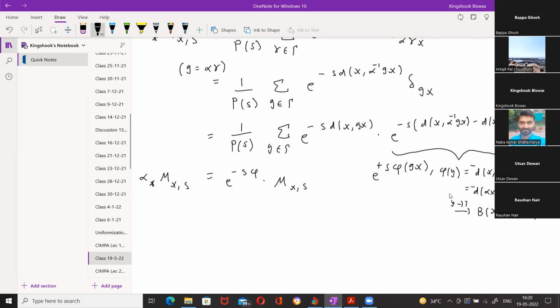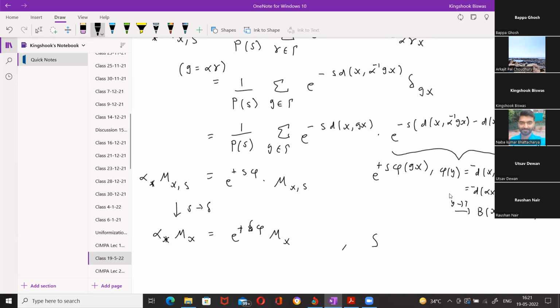And this implies, by passing to limits, that alpha star of mu_x is equal to e to the plus delta phi, as s tends to delta, times mu_x, right?